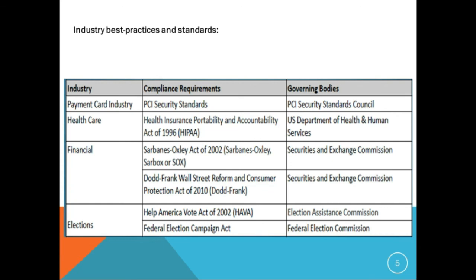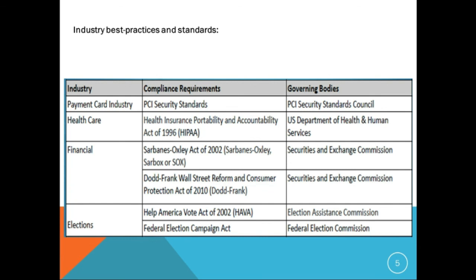Here one example is SOX, a very important compliance in the financial sector, which is governed by the Securities and Exchange Commission. Similarly, for elections we have the Federal Election Campaign Act, which is governed by the Federal Election Commission. So these are some standards or compliance requirements for different industries in different sectors.